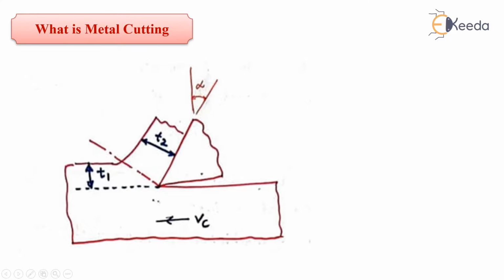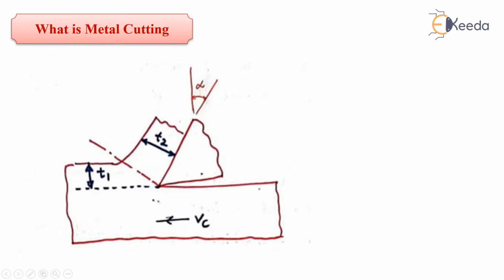As the volume is reducing along the lengthwise direction, it has to increase somewhere else. So it will increase either in the width direction of the chip or in the thickness direction of the chip. But the width of the chip is larger than the thickness of the chip, so the material will flow along the thickness direction. That's why this chip becomes thicker and thicker.